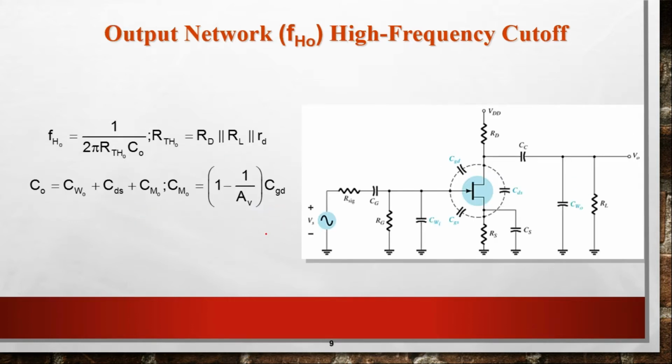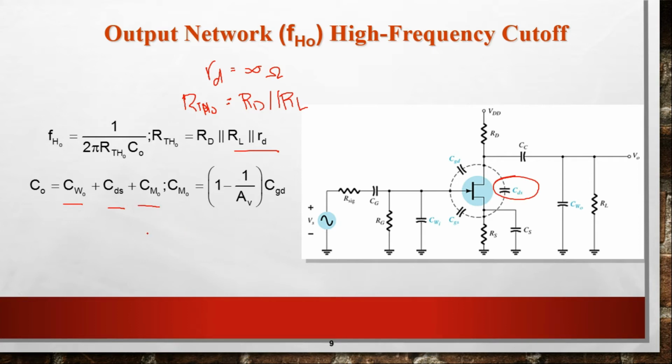Okay? Next is for the output network high frequency cutoff. Still, you have the RTHO. Okay? You just have to remember that if RT is equal to infinity ohms, RTHO is just equal to the parallel combination of your drain resistance and your load resistance. Next is for the CO or the output capacitance. That is just the sum of the output wiring capacitance, the CDS, output side na po kasi tayo, and the CMO.